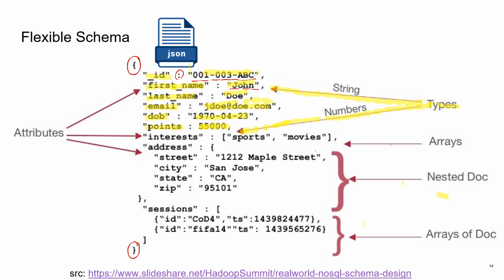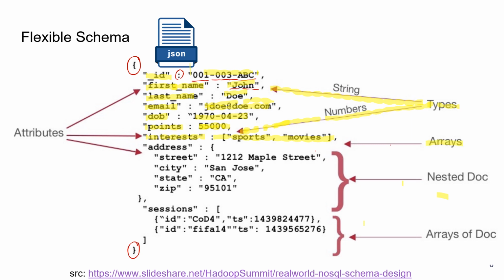This is about data types. Then the next is about some complex structure. For the attribute interest, the value has two nested items, and we use an array to store this data.